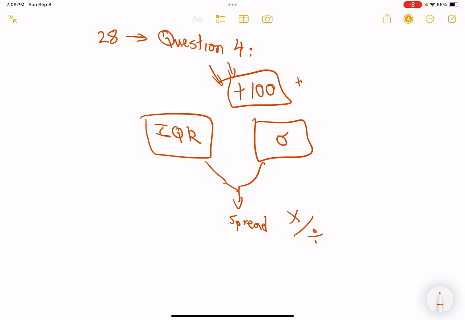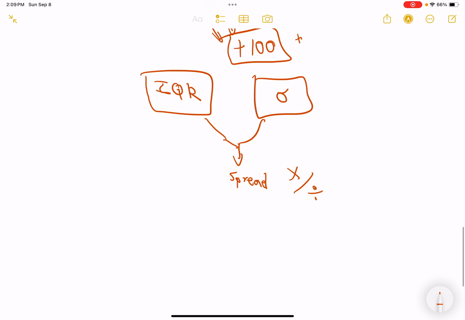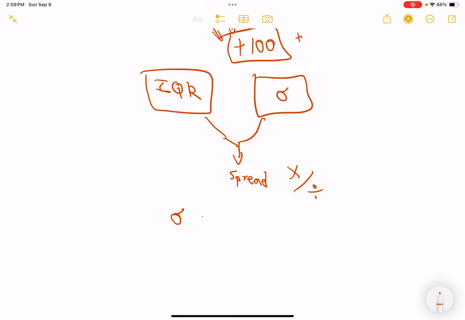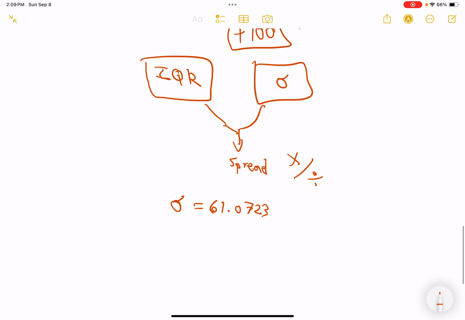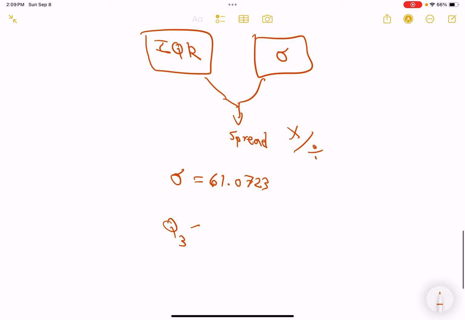So I want you to realize in this problem, I give you a ton of data, and in reality, you don't even have to change much of anything. Your standard deviation stays 61.0723, okay, which is good. So it can't be B and it can't be D. And our interquartile range is just quartile 3 minus quartile 1, which in this case is 1806 minus 1704.